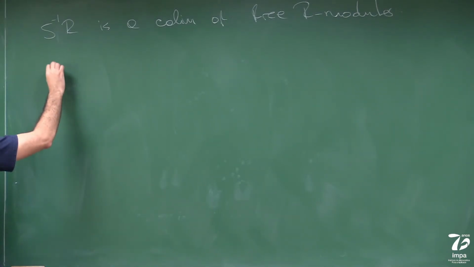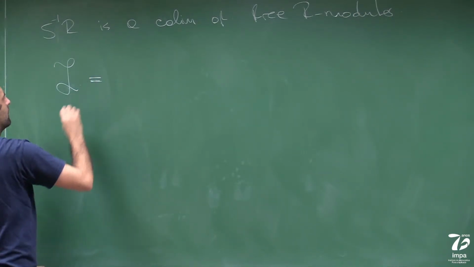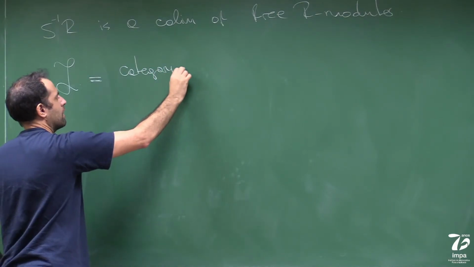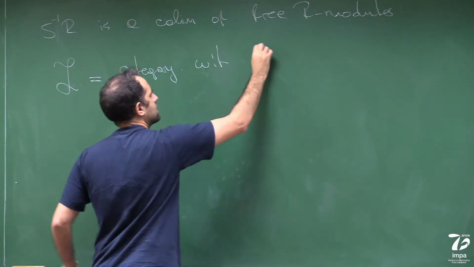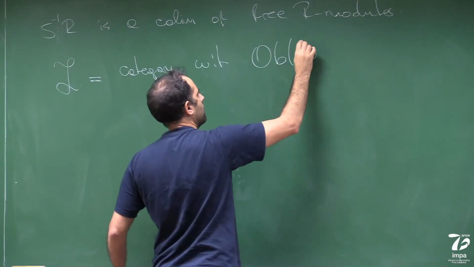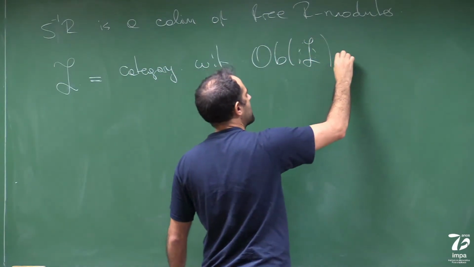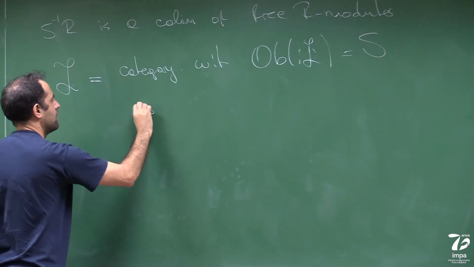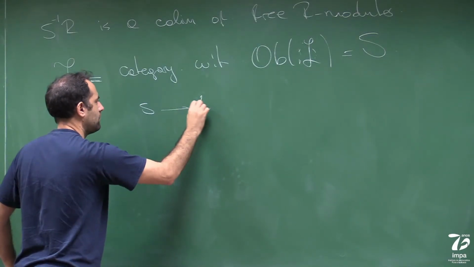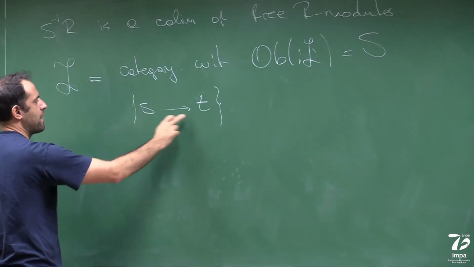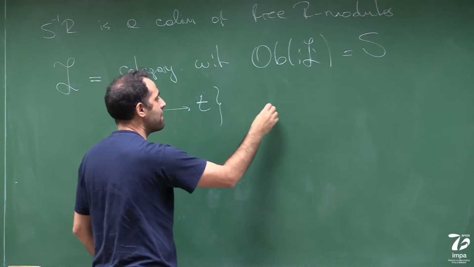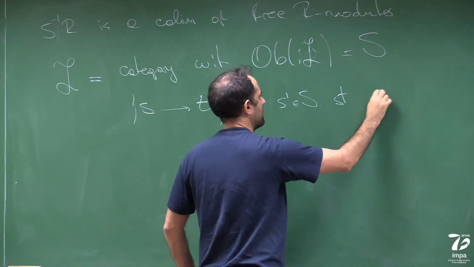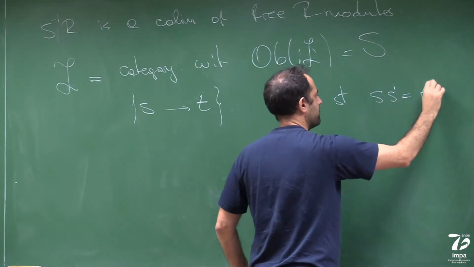The way you do this, you build up a category. For objects of this category, it's just the set S. And morphisms in this category: a morphism from s to t consists of an element s prime in S such that s times s prime is equal to t.